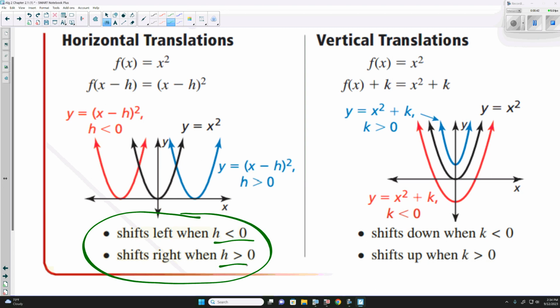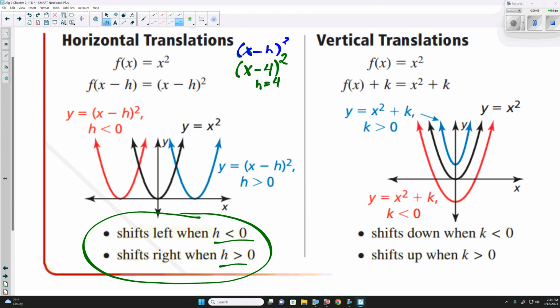So if I said that we had x minus 4 squared, what is the value of h? 4. Because our general form of this is x minus h squared, yes? So we do have the x, we have the minus, h is indeed 4.